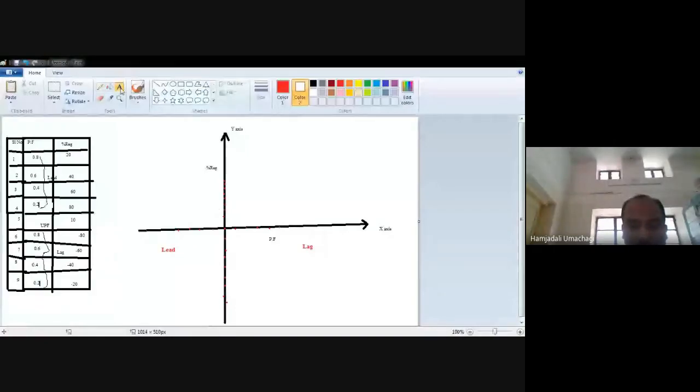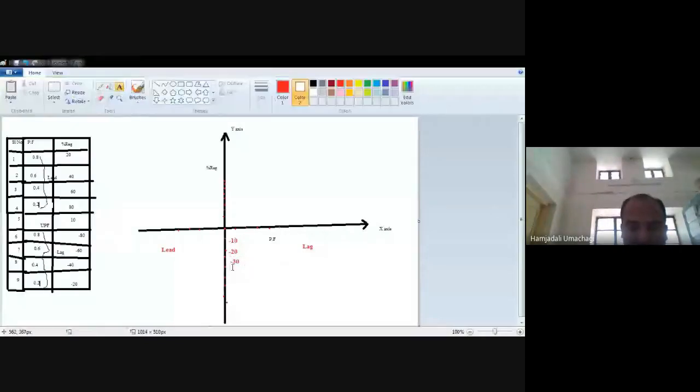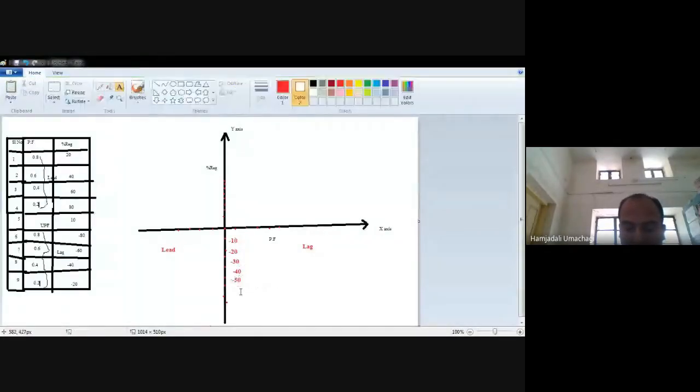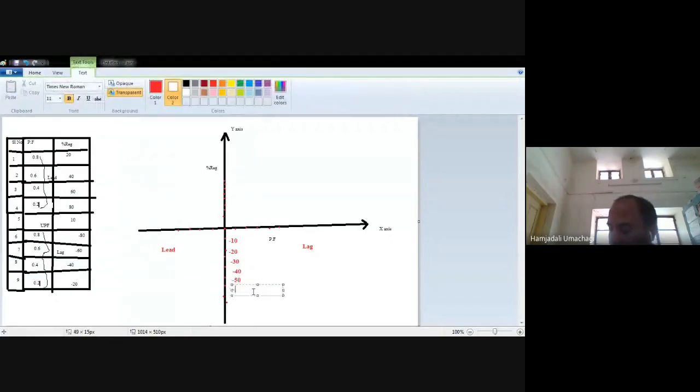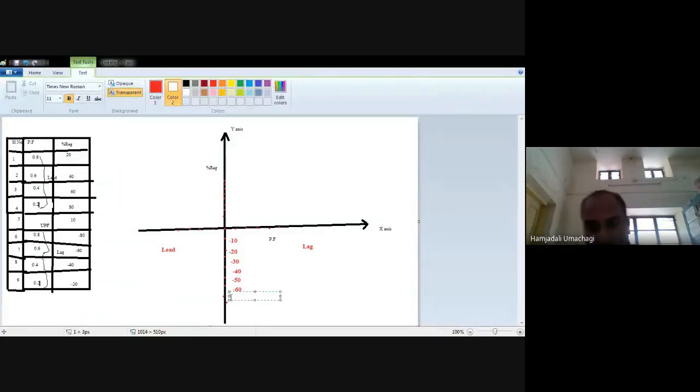Here it will be minus 10, minus 20, minus 30, minus 40, minus 50, minus 60, minus 70, and then minus 80.